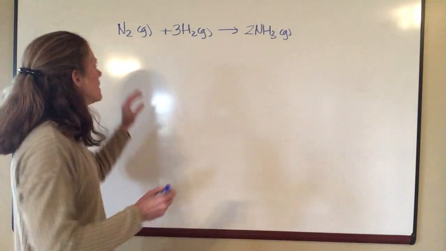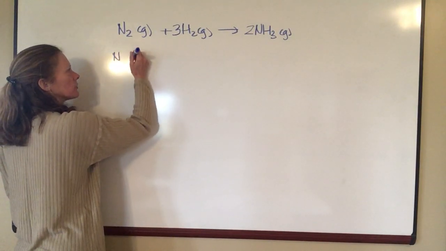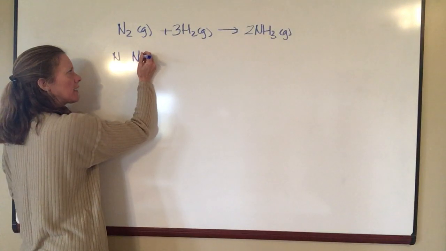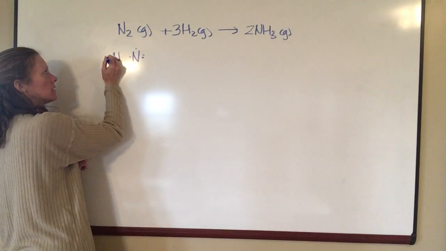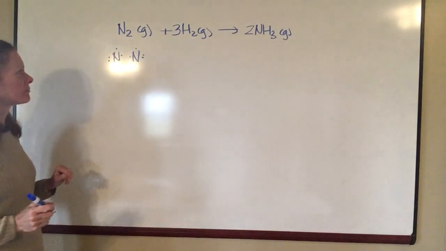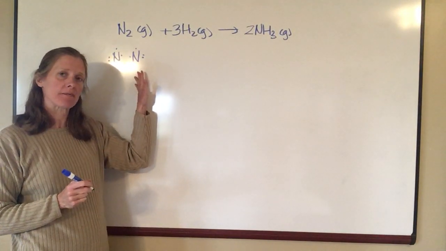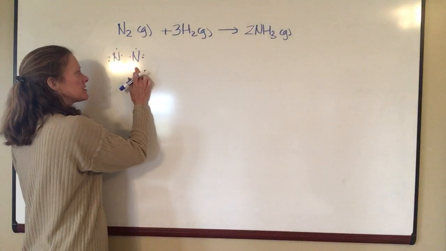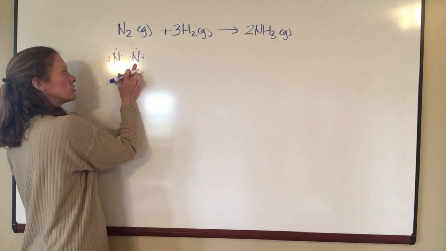look like? So if I have 2 nitrogens bonded together, you should recall that nitrogens have 5 valence electrons, and so I'm going to draw them like that. And so in order for these atoms to each have an octet of electrons around them, these electrons will pair, these electrons will pair, and these electrons will pair.